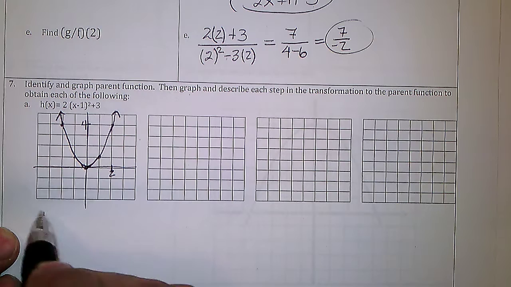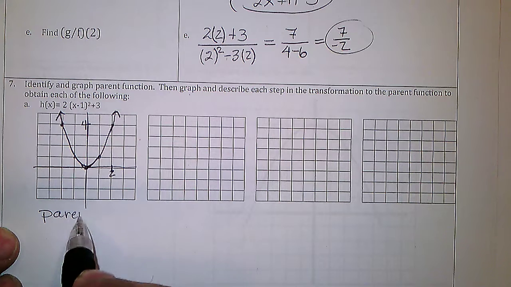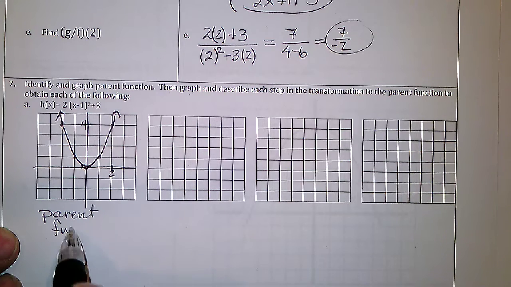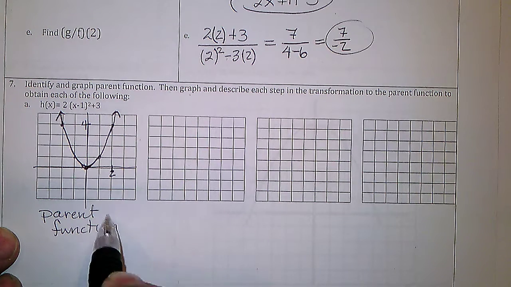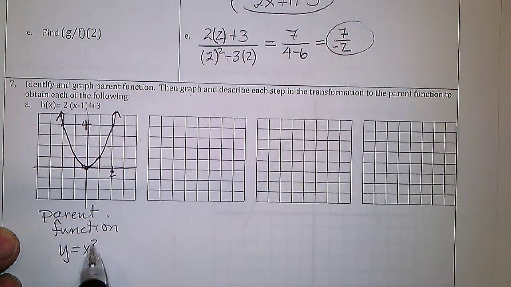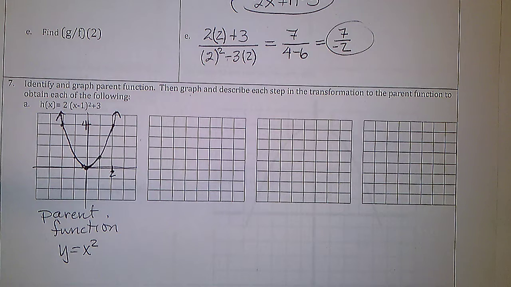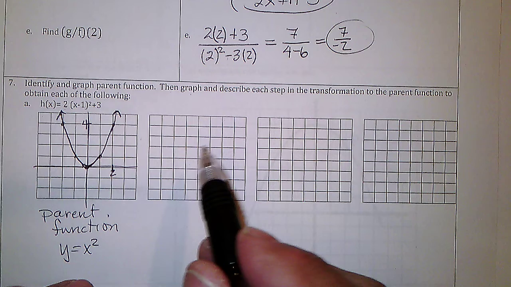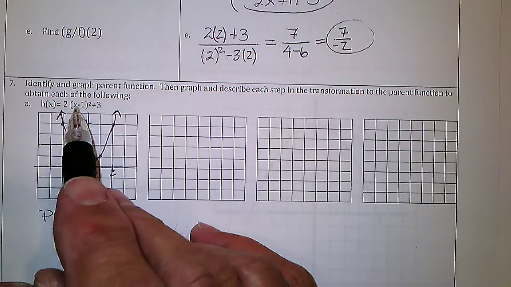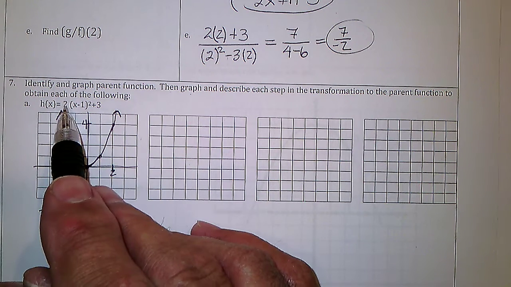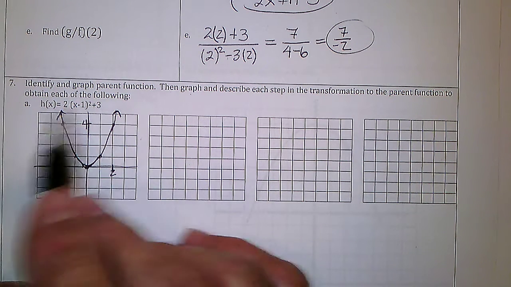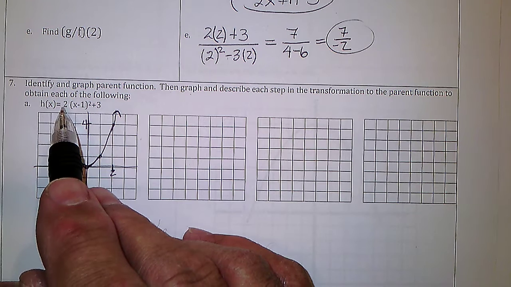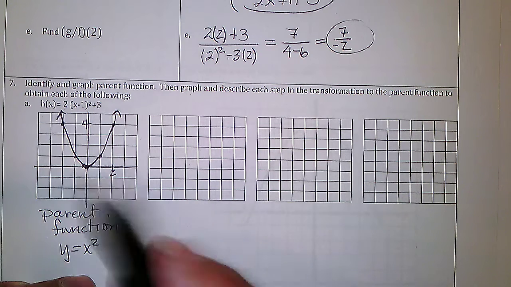So this is just the parent function, y equals x squared, or f of x equals x squared, or h of x equals x squared, or whatever. And it says make sure you put points on them. Okay. Now, if I do the outside, it does like it says, and it goes in PEMDAS, or order of operations.